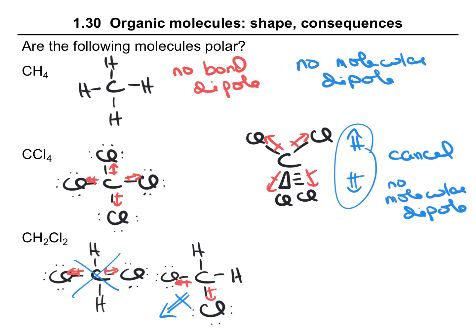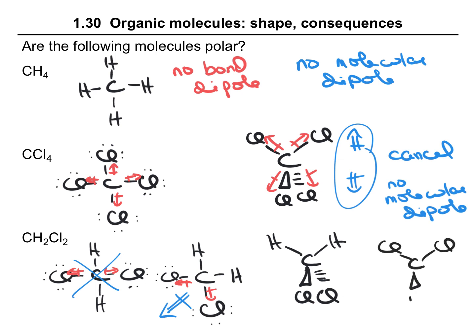Now, if we come back to dichloromethane, we could draw the shape like this. Here's a chlorine coming forward and a chlorine going back. We could write it like this with our chlorines up, our hydrogens down, forward and back. There are different ways that we could draw it, but as long as we are careful with our bond dipoles, we can see that we get a molecular dipole like this.